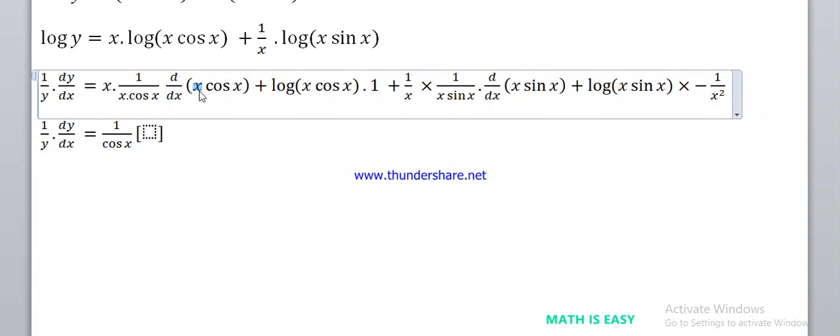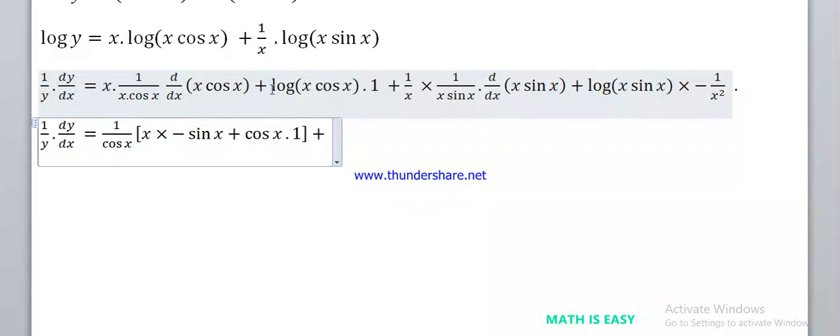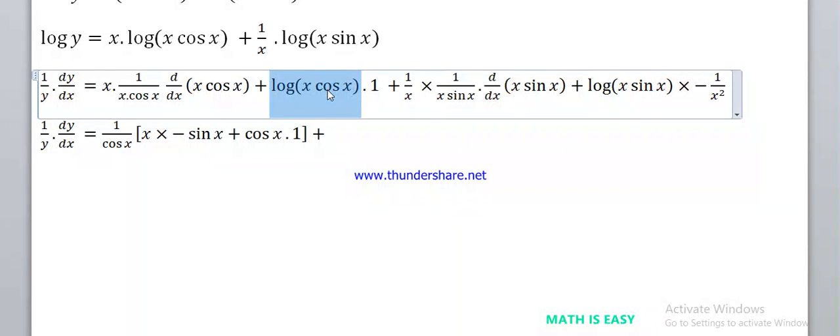Here U is x and V is cos x. If I apply UV formula, U into derivative of cos x is minus sin x, U derivative of V plus V into derivative of U, derivative of x is 1. This term will remain as it is, plus this term will remain, I keep as it is.